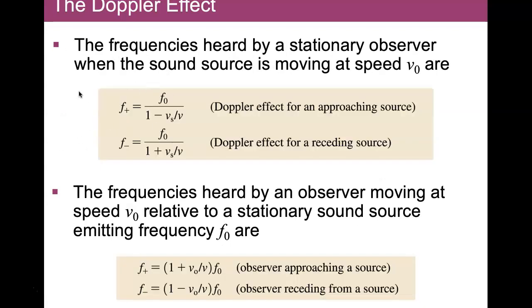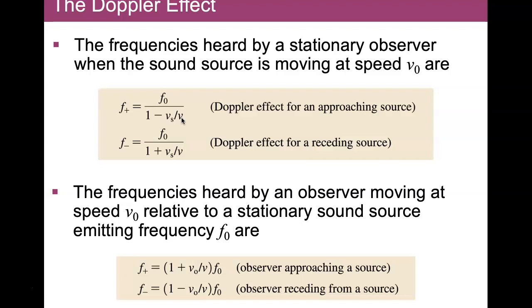Okay, so these are the formulas we just derived, right? Stationary observers, and the source that moves at constant speed Vs, and V is the speed of propagation in air. There's another way to think about the Doppler effect, and that's when the source isn't moving, but the observer is moving.